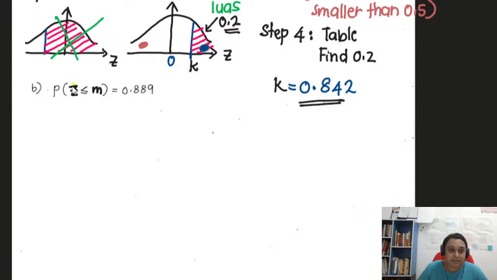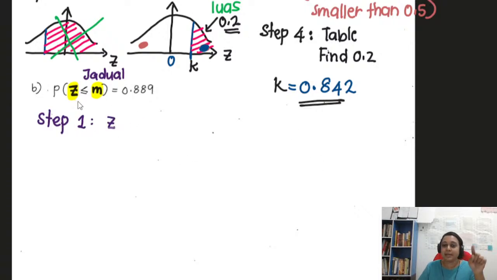Okay, here the neighbors don't have number. So don't have number means you must use jadual, must use table. So step 1, you must change to Z. Kena jadikan dia Z. Tapi our soalan is already dalam bentuk Z. So tak payah, you can skip step 1.